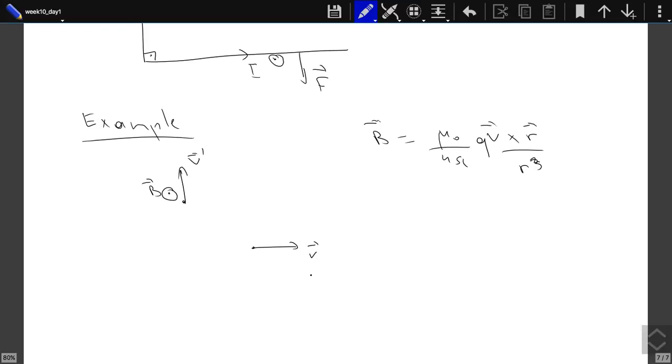What is the force acting on it? This is the general expression of the magnetic force. V, B, V cross B is in this direction. Right?